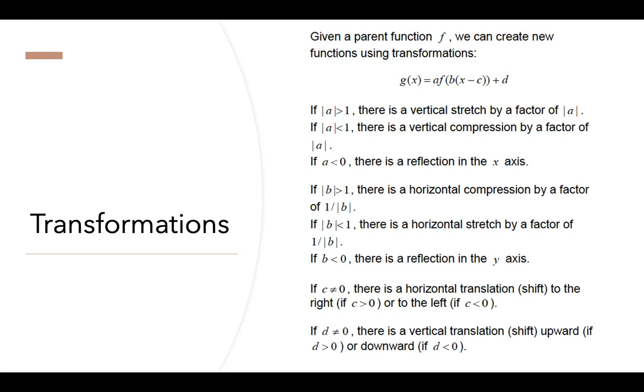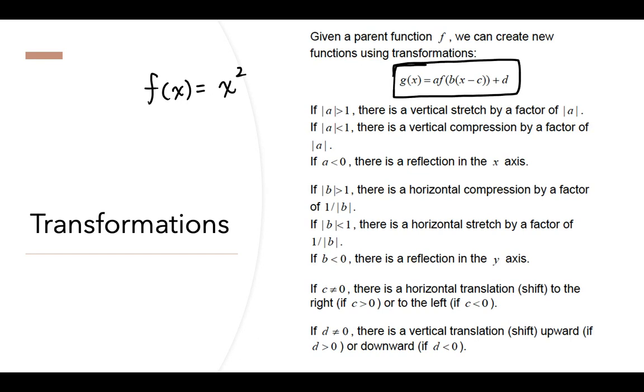Now lastly, we're going to take a look at the transformations for an absolute value. But to do that, you need to understand the function transformation variables. Okay, so this transformation function is given from, let's say, for example, the function could be parabola.